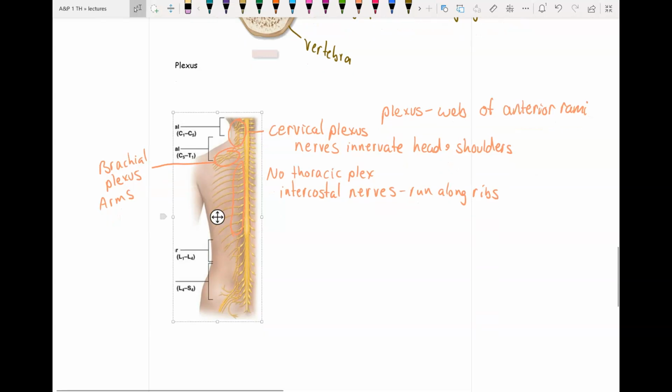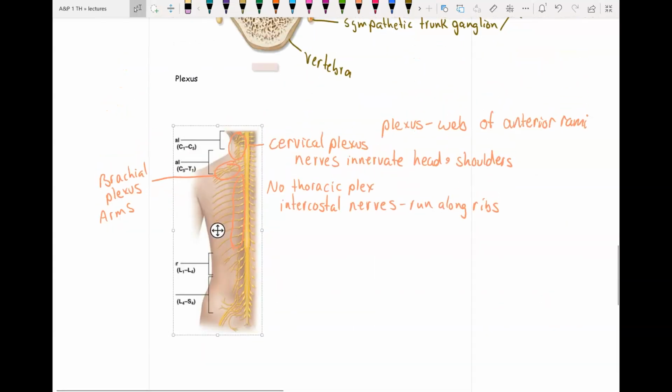Then, as we continue to move down, we have the sacral plexus. This is going to go to your legs. Then we have, I'm sorry, that one's the lumbar plexus.